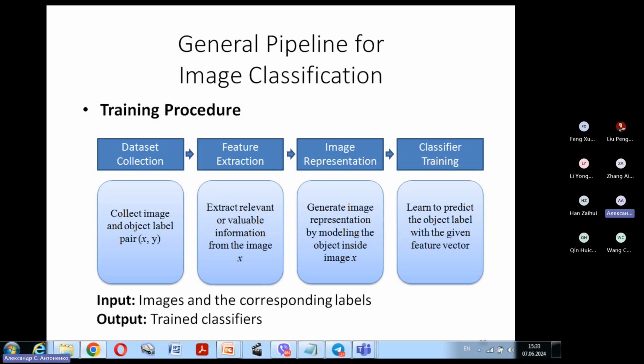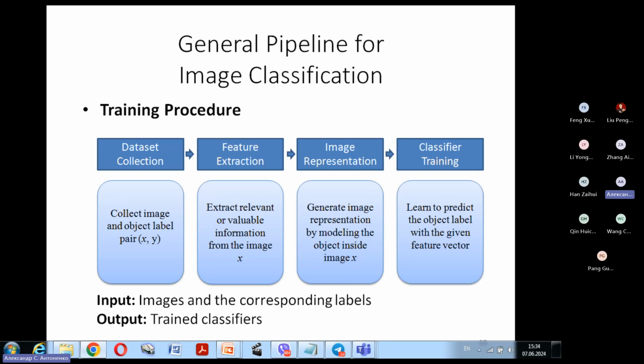Then we need some representation. So generate image representation by modeling the object inside the image. We take this set of features and make a single representation of our object. And then choose some appropriate machine learning model for the classification task.